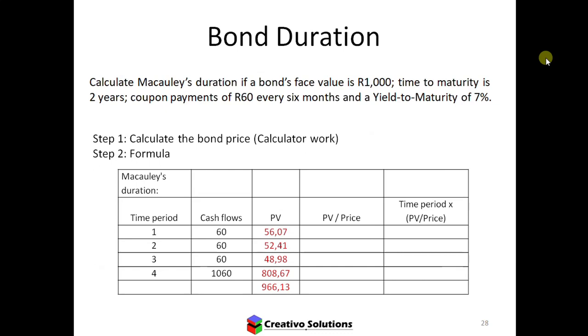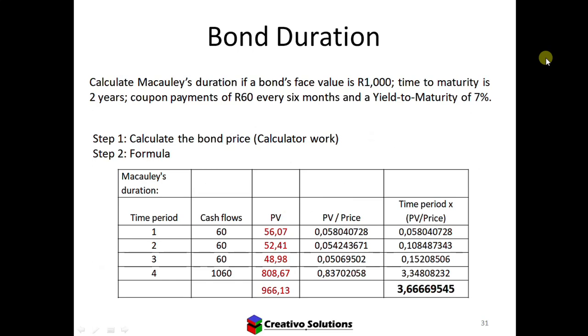Once I've got the present value, I can then compare the present value to those prices. Right, something else to also remember is the time period. Okay, in the last column, you need to take the time period and you need to multiply that by the present value divided by the price. Right, so if you complete all the steps, you're going to have an answer that's going to look like this.